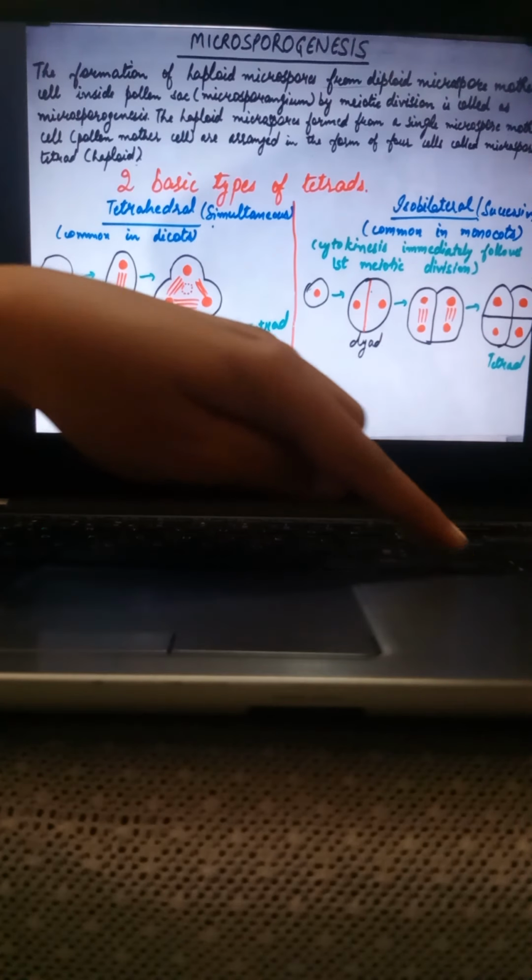Each and every cell in this sporogenous tissue is capable of giving rise to 4 microspores, that is from each sporogenous tissue cell, which we also call a microspore mother cell or a meiocyte. By meiosis we get 4 microspores, and because the process occurring is meiosis, haploid microspores are formed from diploid sporogenous cells.